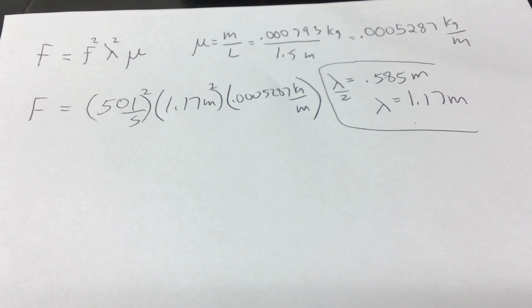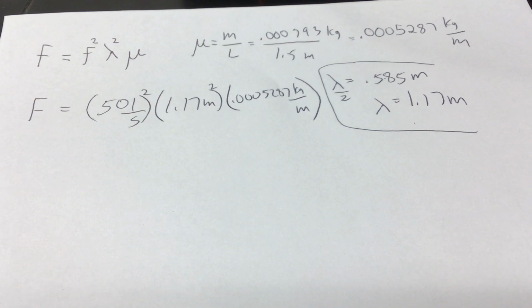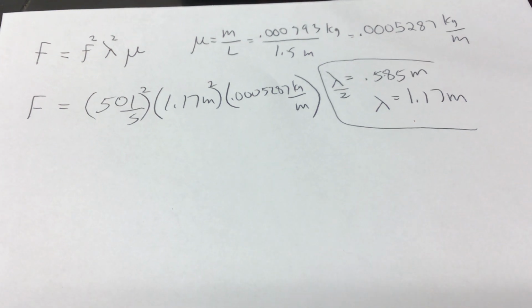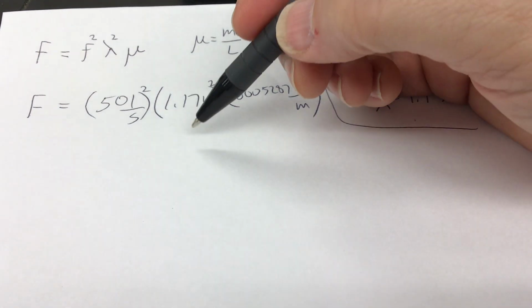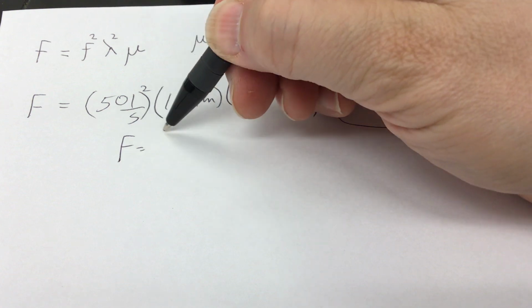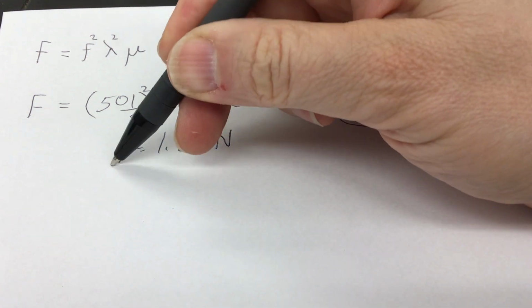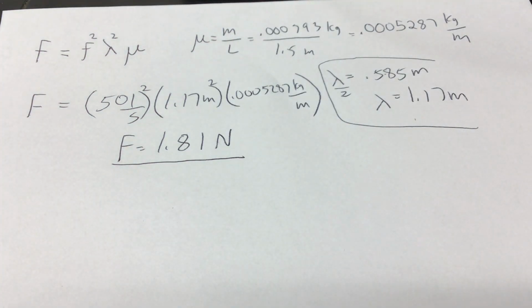So take 50 squared, multiply that by 1.17 squared, and then multiply that by 0.0005287. All right, I'm just doing that out on my calculator, and you should have come up with 1.809 or 1.81 newtons.